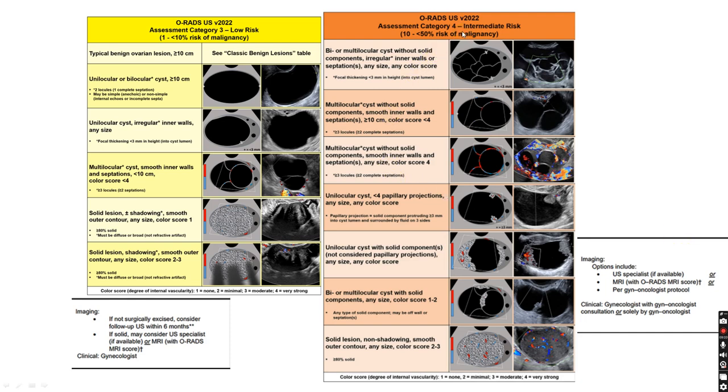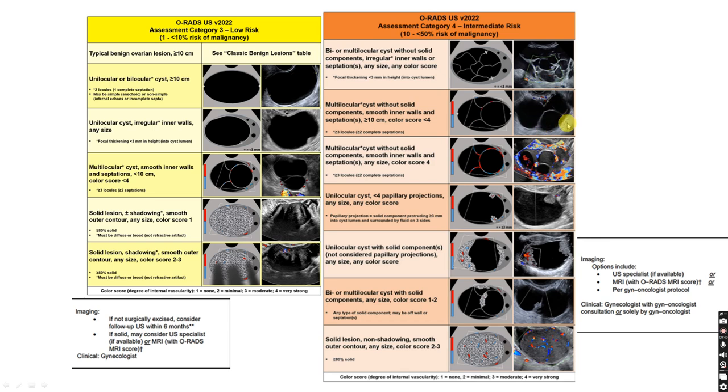Then we will see O-RADS 4 category. On the left side there is O-RADS 3 for comparison. We will see what are the cystic lesions which are kept in O-RADS 4 one by one. The first lesion is showing irregular septi.